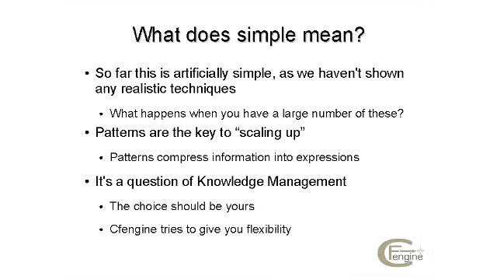So, I claim that CFEngine gives a fairly simple way of managing systems. But what does simple mean? Everything is simple when you know how, and everything is usually pretty hard until then. So far, let's say that this is artificially simple.